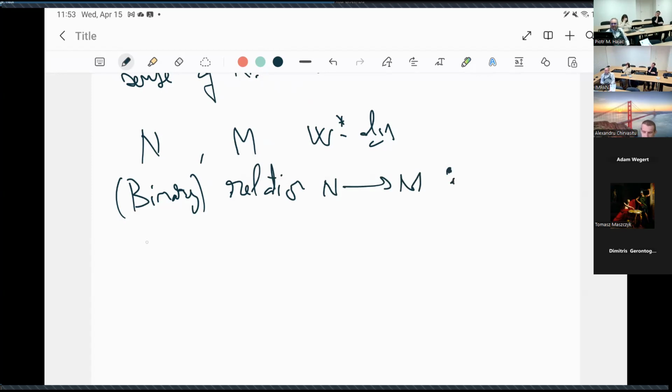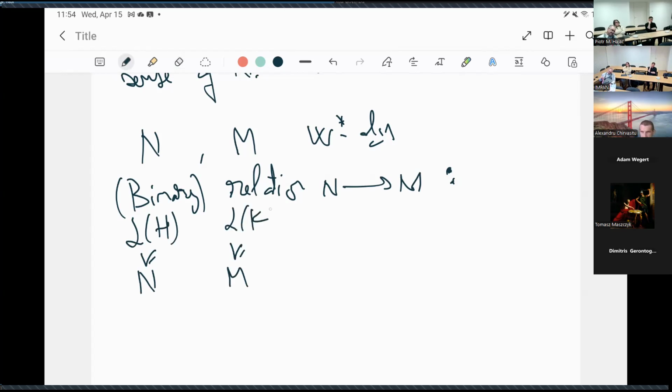You embed N and M into B of H and B of K. Actually, I think I like L of H, if you don't mind. So these are Hilbert spaces, and L means bounded operators.